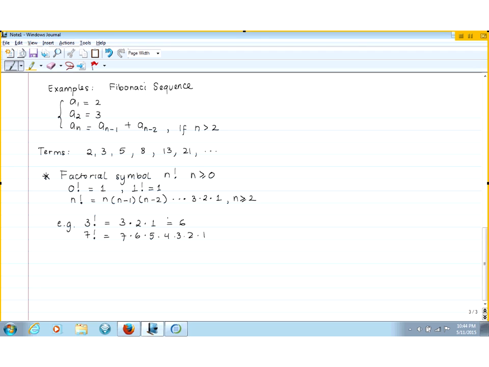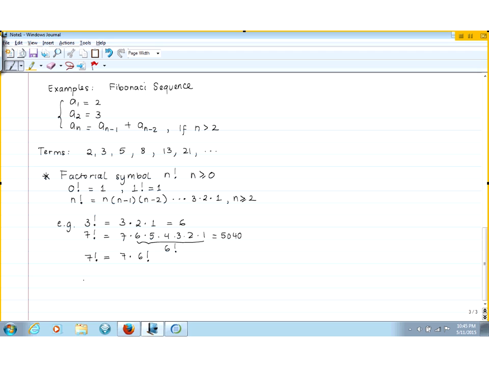720 times 7, well, what's that? Let me get my calculator really quick. So we're multiplying out everything. 6 times 20 is 120 times 6, so 120 times 6 is 720. 720 times 7 is 5,040. But I could also write 7 factorial is equal to 7 times 6 factorial.